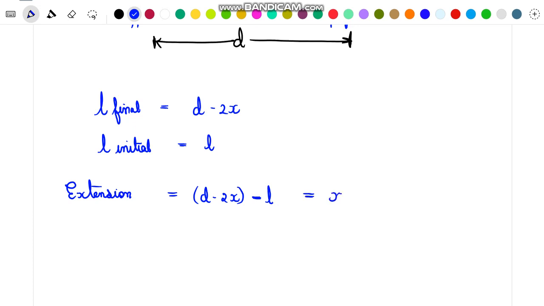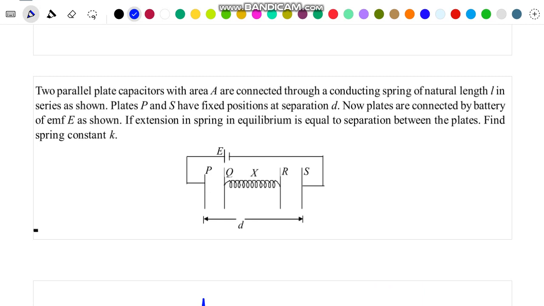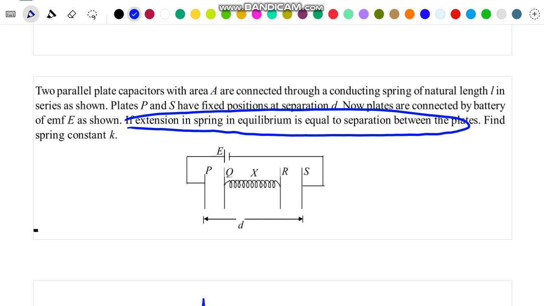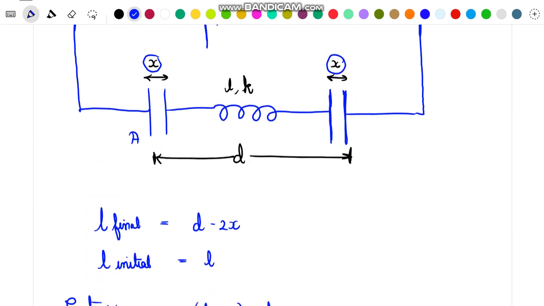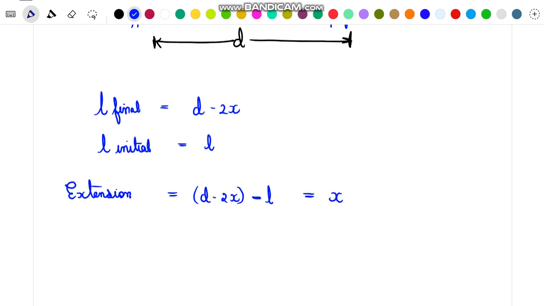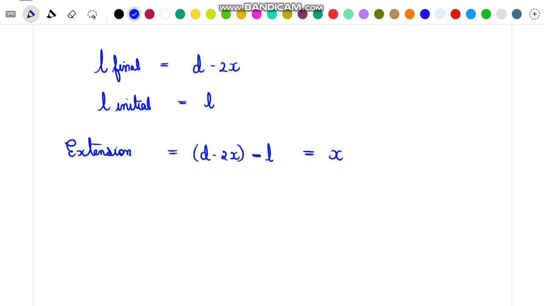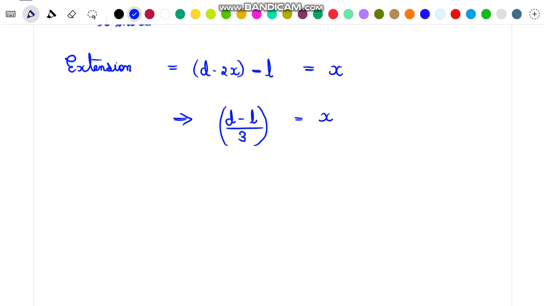It is given in the problem that the final extension of the spring in equilibrium is equal to the separation between the plates, and since I have assumed that separation is x, I am writing this extension to be equal to x. So from here we find the value of x, which comes out to be (D minus L) upon 3.